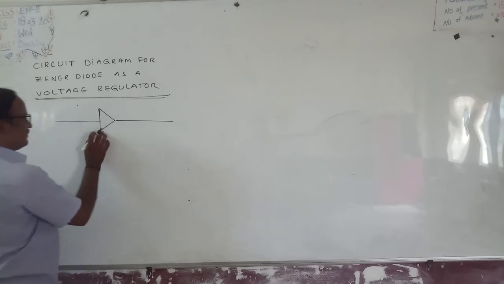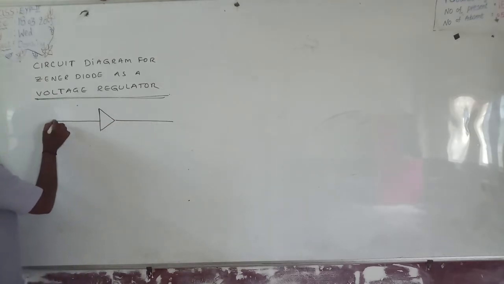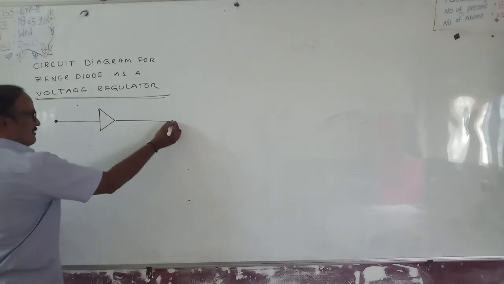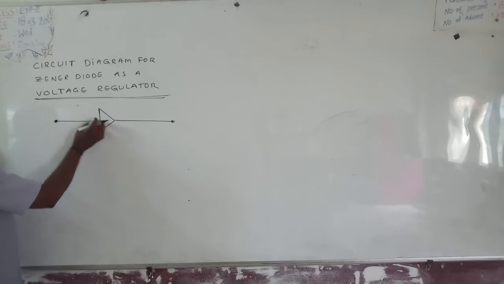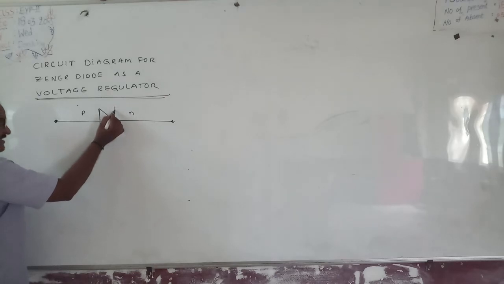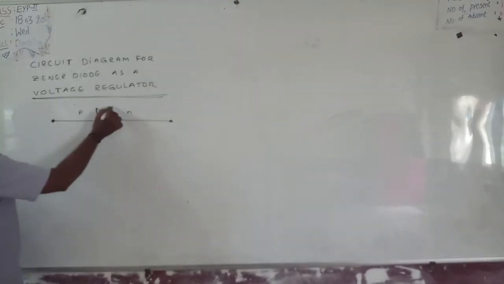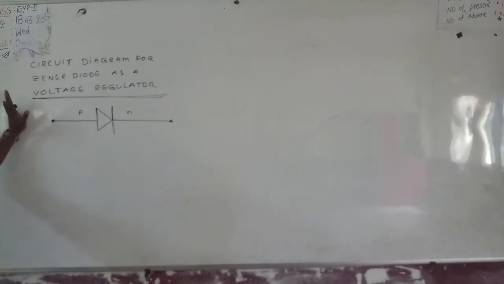Here the arrow mark indicates the conventional current direction. Current direction is always taken from P to N. That's why it is a P-type material, this is an N-type material, and there is a vertical line on the N side. This is the symbol for an ordinary PN junction diode.